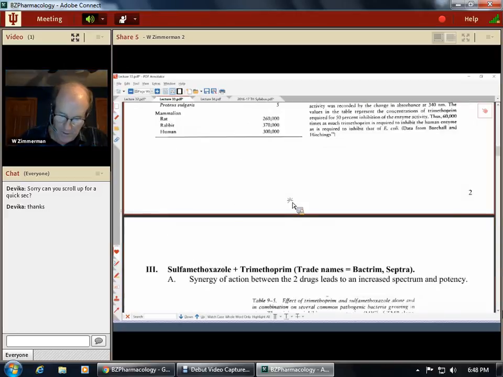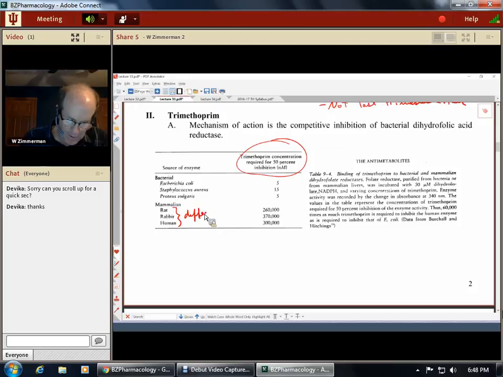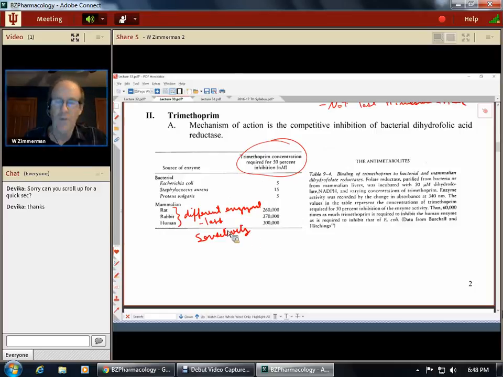So when we look at the trimethoprim concentration required for 50% inhibition, the bacteria, the E. coli, the staph, the proteus, it's a fairly low concentration, but in the mammals, it's a different enzyme, and it has far less sensitivity. And therefore, we do have selectivity. It may sound like it's the same enzyme, but we're going to get the selectivity that we need there.